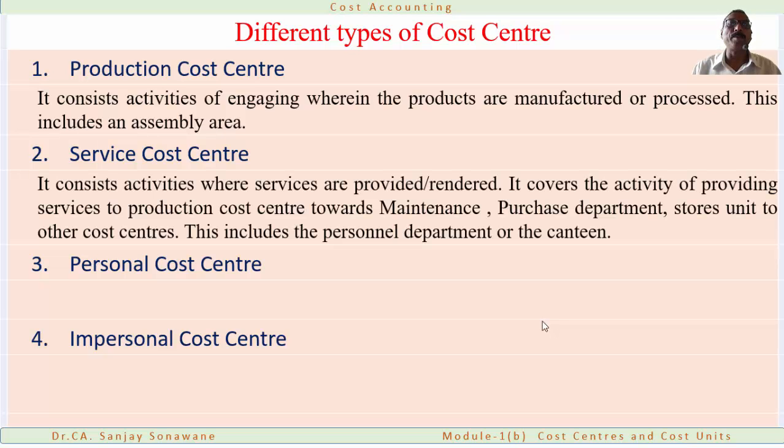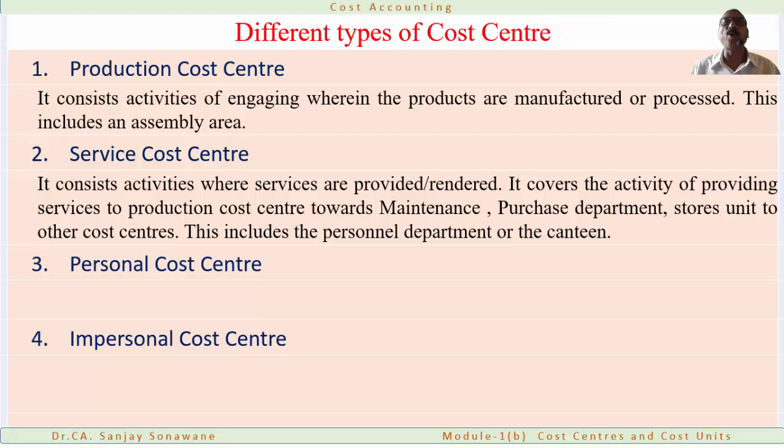Now another is service cost center. It consists of activity wherein services are provided or rendered. It covers the activity to production cost center towards maintenance, purchase departments, store units, to other cost centers. What does it mean?